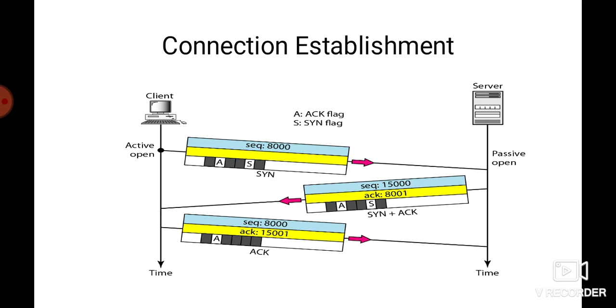This implies that each party must initialize communication and get approval from the other party before transferring data. Suppose A wants to send data to B, so A has to first take the permission of B, or if A wants to receive some data from B, then also A has to take permission from B. This is known as three-way handshaking, and it is used in the TCP protocol.